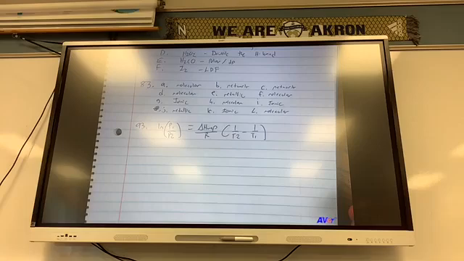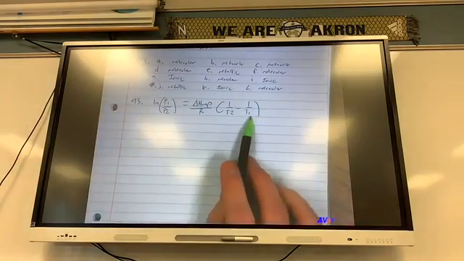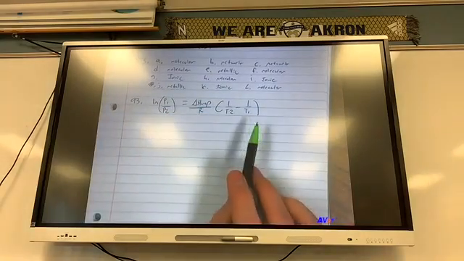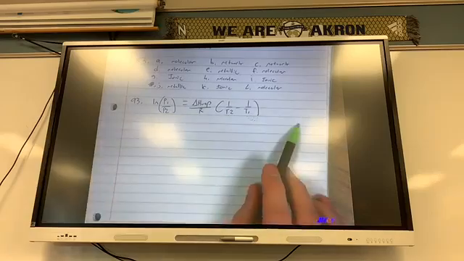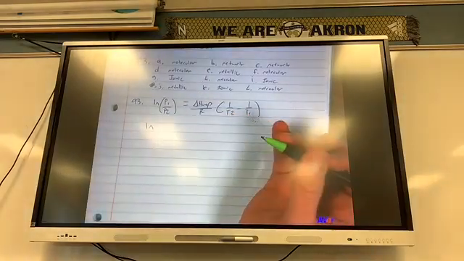What I'm going to be solving for here is my boiling point. I'm solving for x. I have everything else. Natural log. What is my pressure?